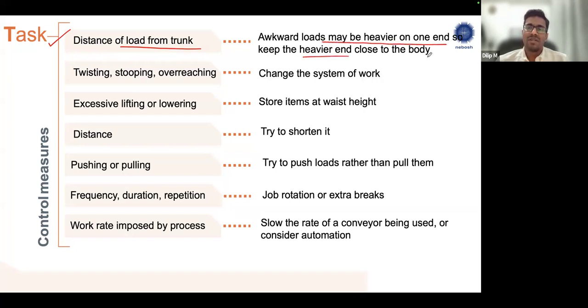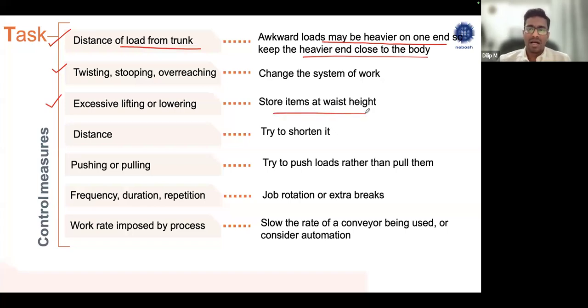So keep the heavier end close to the body. If your task requires twisting, stooping, overreaching, then change the system of work. Or if your task requires excessive lifting or lowering, then store items at waist height.